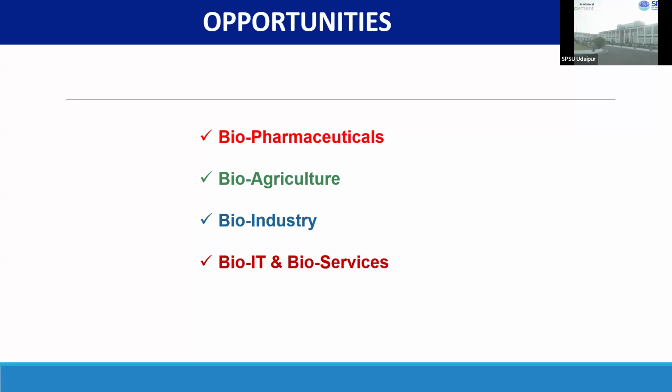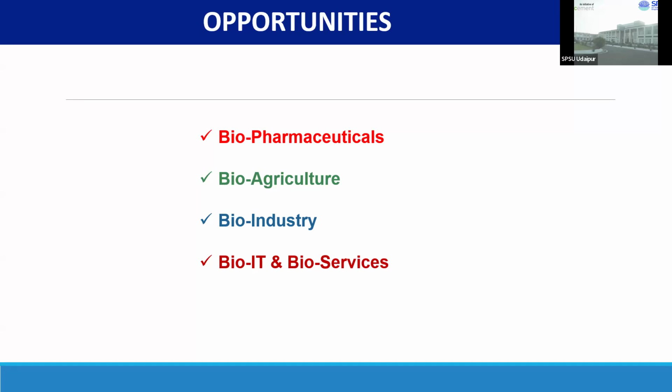And the bioindustry, this category is mainly because of the products which are produced by the biology. So chemicals like citric acid, vinegar, alcohol, they are produced by these bioindustries. And then the computer related data analytical things which is done through bio IT.